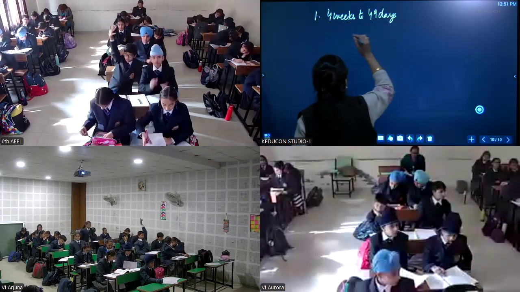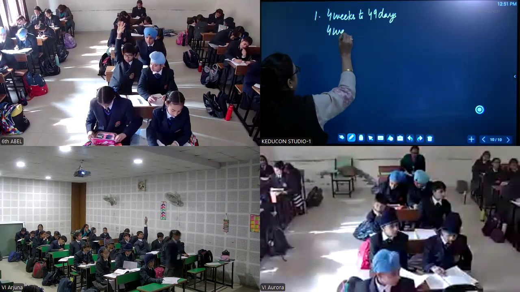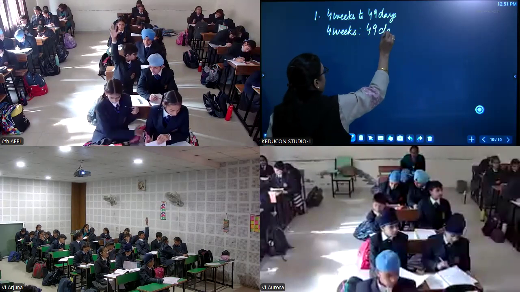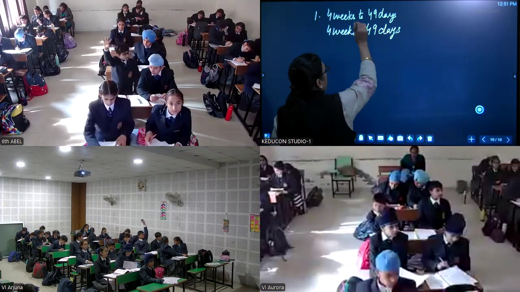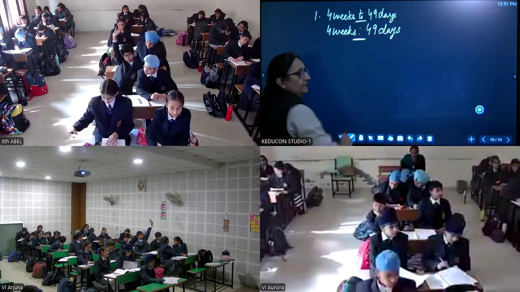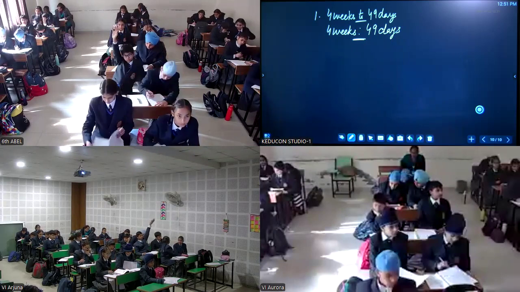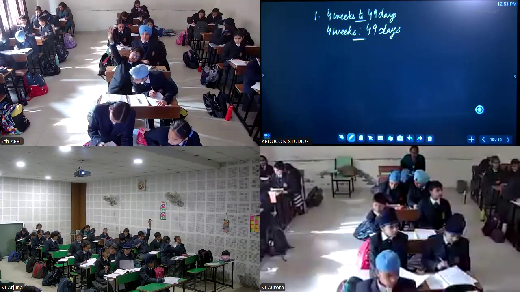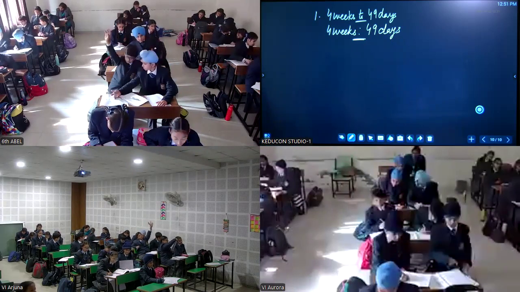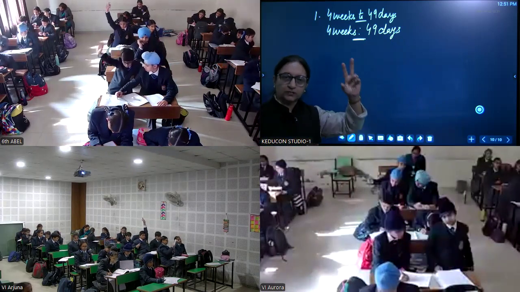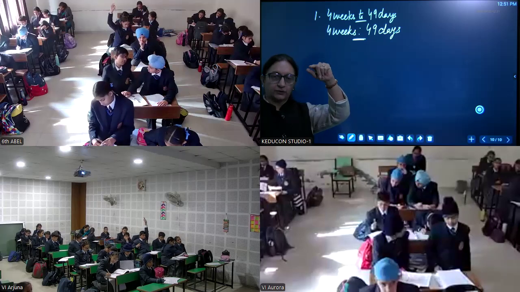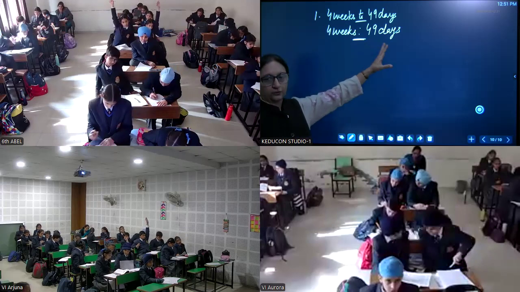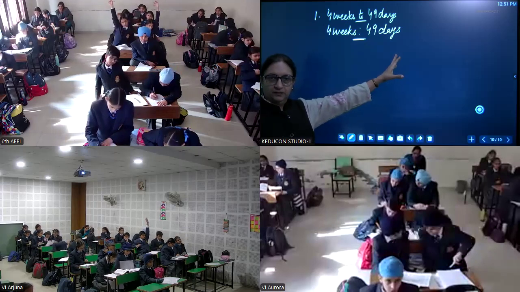Now 2 means the ratio. Please remember 2 is representing the ratio. So we have to check. Please remember 2 things at a time, but their unit is different. Here we are talking about weeks. Here we are talking about days.